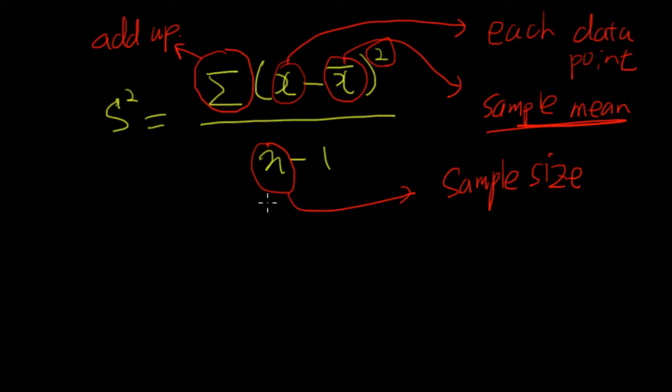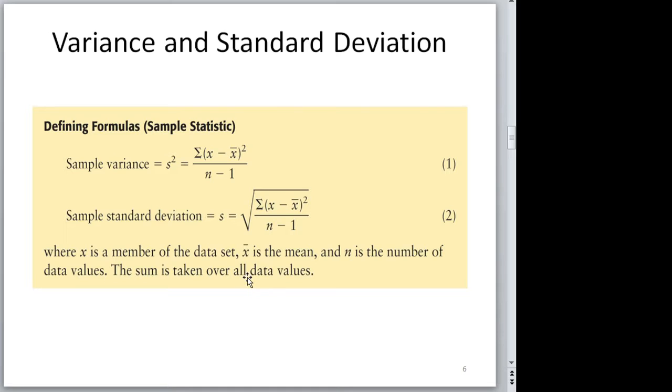Then you divide that by the sample size minus 1, and that's the variance. And of course, the standard deviation is simply the square root of S squared. So once you find this S squared, take the square root, and that's your standard deviation. That's the formula we are dealing with here.